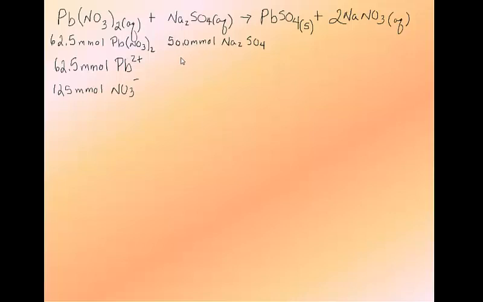For the sodium sulfate, I have 100 millimoles of the sodium ion, because it's 2 sodiums for every 1 compound, and I have 50 millimoles of the sulfate.